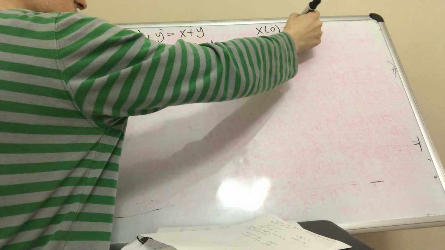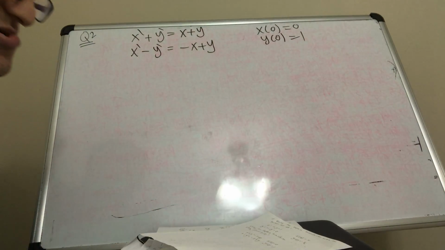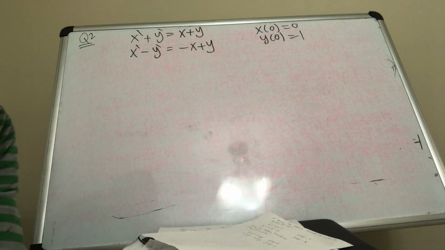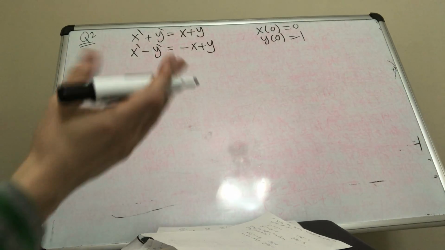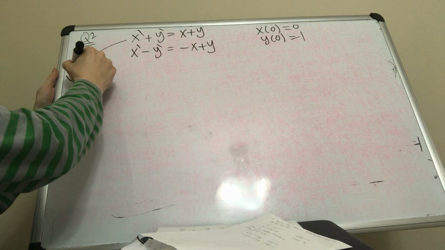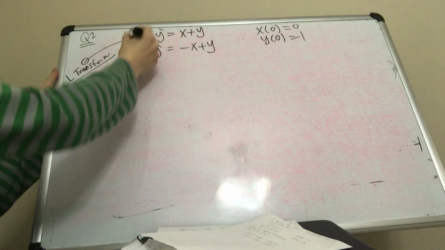X of 0 is 0, y of 0 is 1. And I told you, in terms of new information, there is nothing new here. It's the same idea, but it's just long. So we do the Laplace transform for the first one.